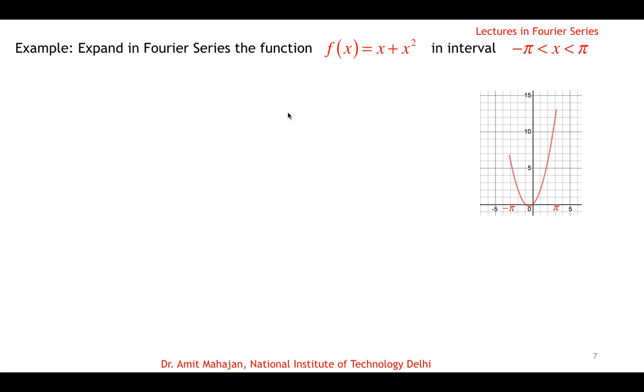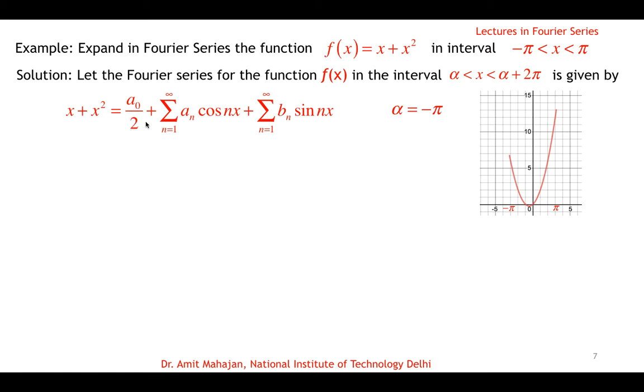So again the Fourier series for this function is given by a naught by 2 plus summation a n cos nx plus summation b n sin nx, because the period is 2 pi, and you can see alpha is minus pi, which satisfies this. Then we have to calculate the constants, a naught, all a n's, all b n's.